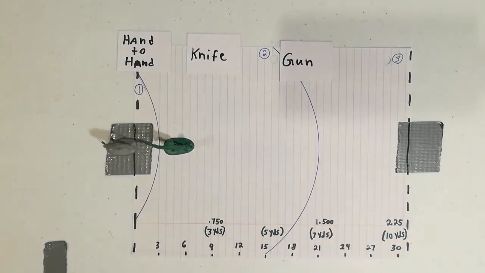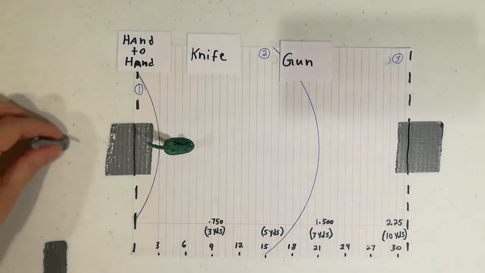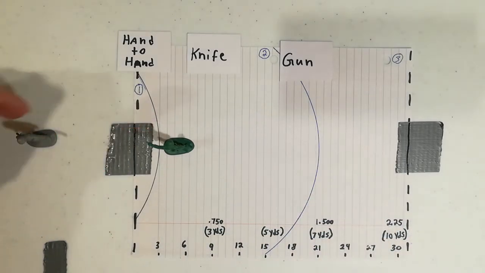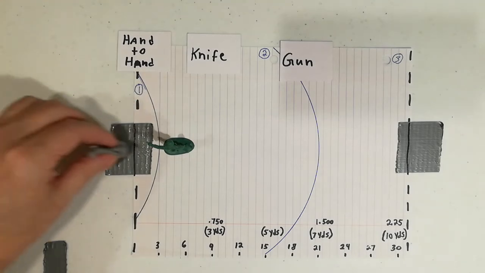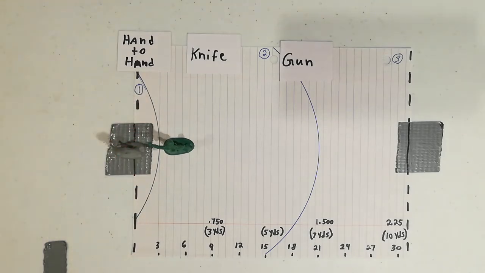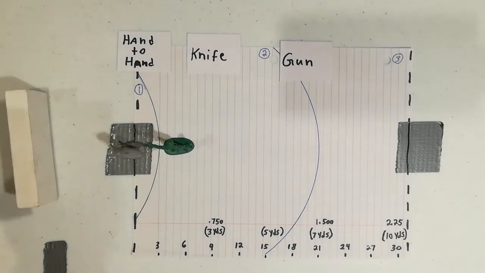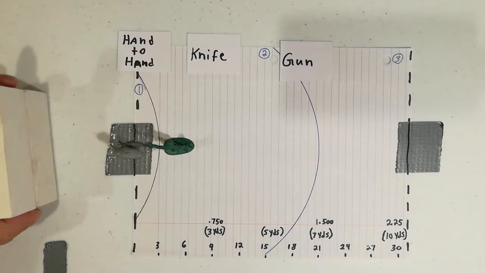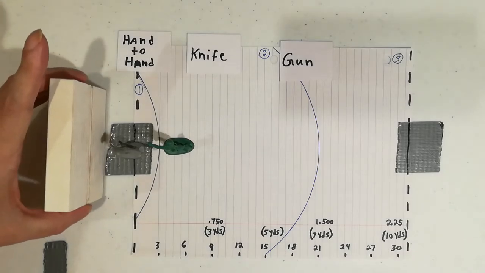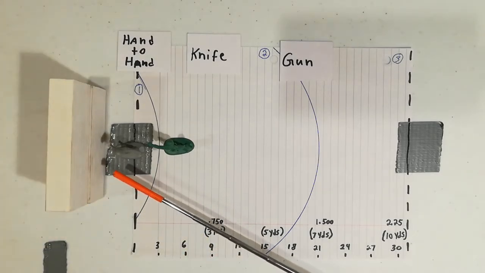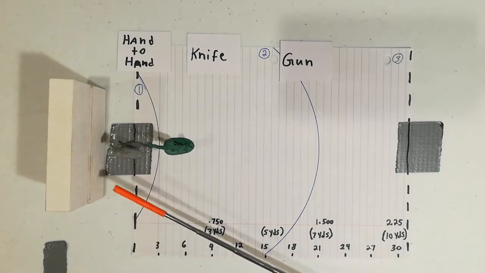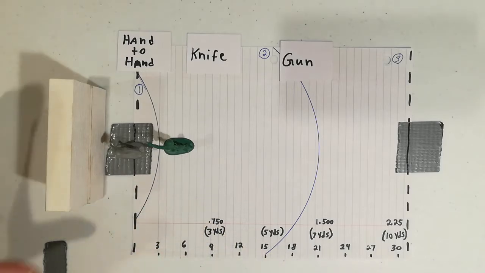Now, if you have space, you can retreat and put more space between you and him so you can draw. But what happens with law enforcement specifically, more than us citizens, is that they're up against some kind of a building or inside of a home or something like that, and they can't retreat. They have nowhere to go. So it's more difficult for them.